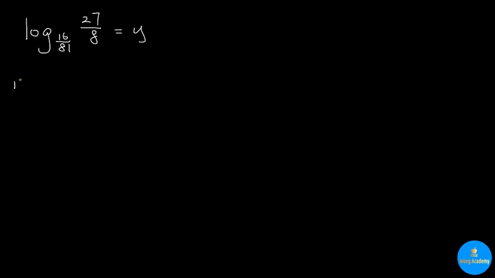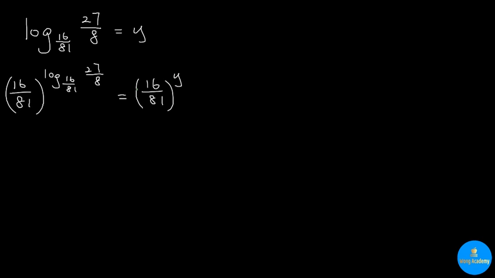So we get 16 over 81 raised to the power log base 16 over 81 of 27 over 8, and that is equal to 16 over 81 to the power y. Exponential base 16 over 81 and logarithmic base 16 over 81 will cancel out each other as mentioned in the last slide. So we will get 27 over 8 is equal to 16 over 81 to the power y.